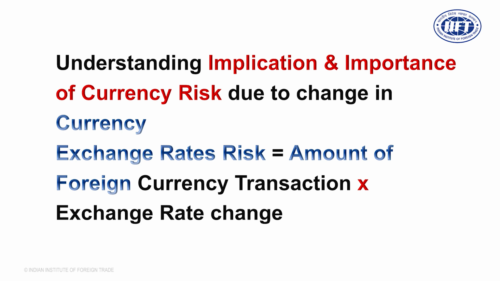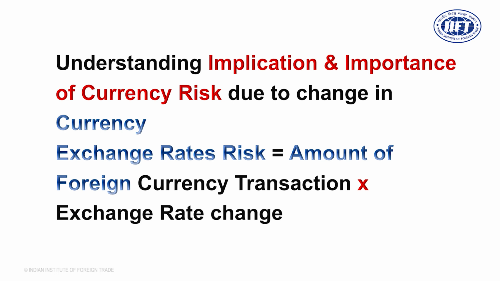The day you are getting payment in India for your dollar export transaction, the rate will be different. It may not be 71 rupees, it could be 69 rupees. And if it happens to be 69 rupees, the exchange rate has changed during this period, which is in the control of the forex market, and you will get fewer rupees. Your profitability will be affected.